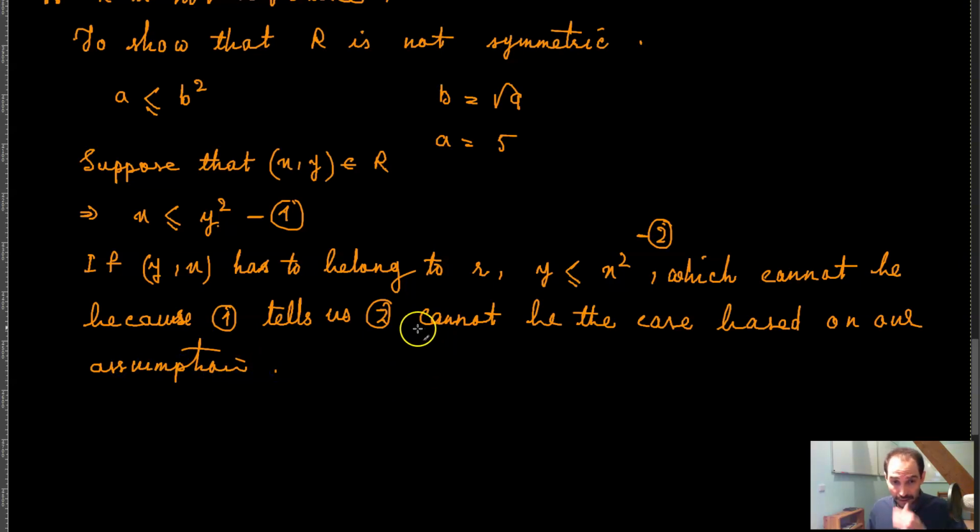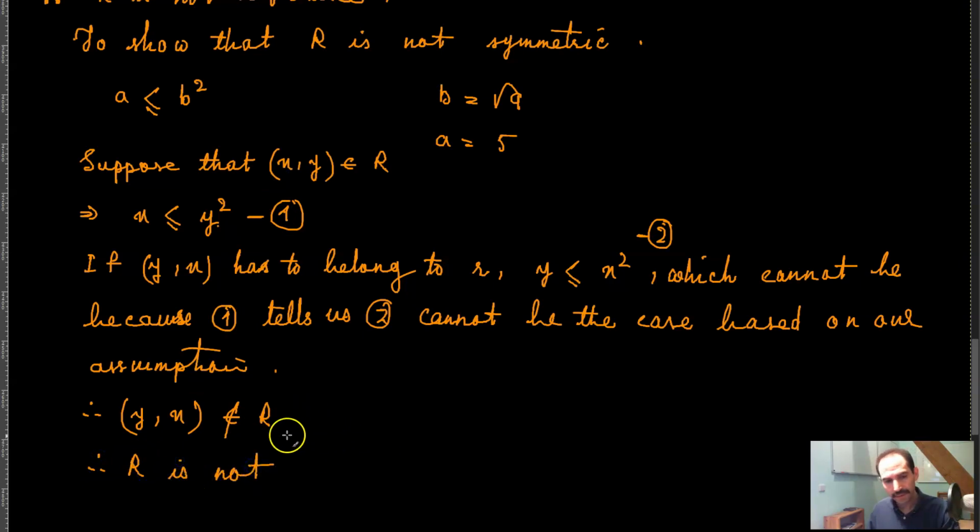Right? Which means that, so basically you can say that (y, x) does not belong to R, which means that basically R is not symmetric. R is not symmetric.